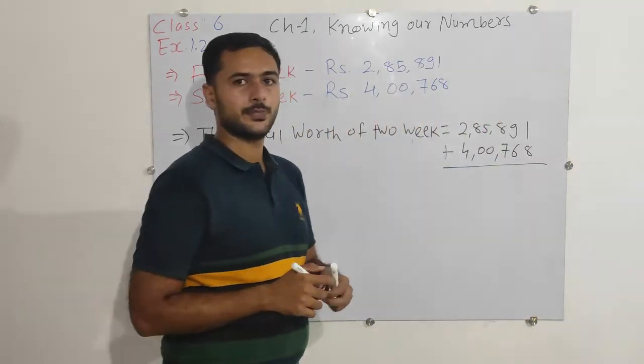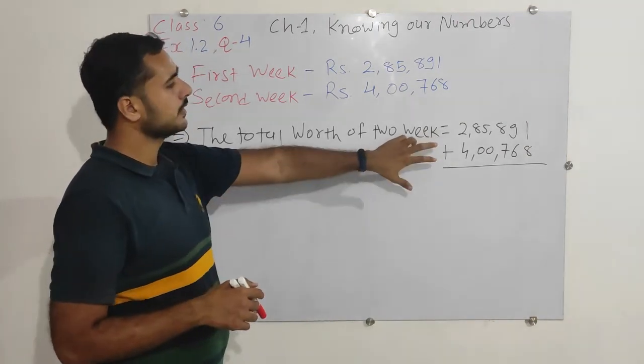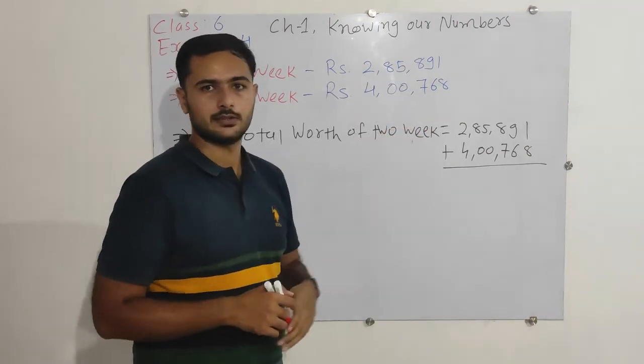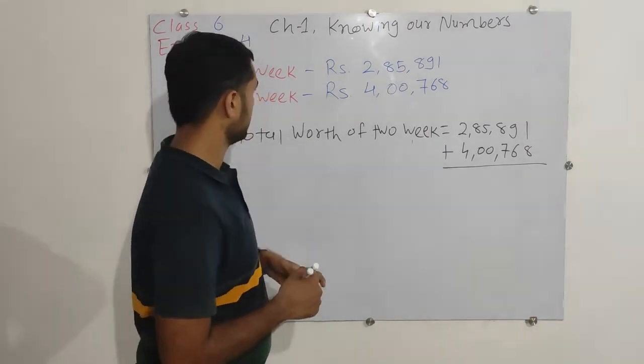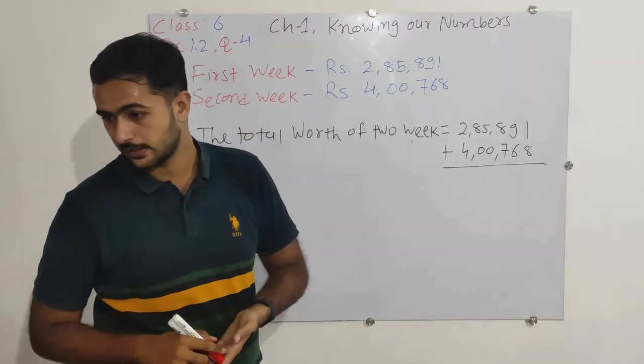This is how we will do it. The total worth of two weeks will be the sum of both the weeks. First of all, let me confirm the digits, whether they are correct or not.